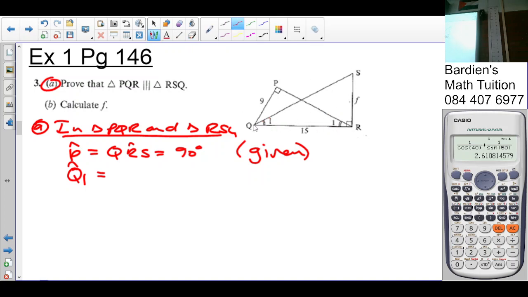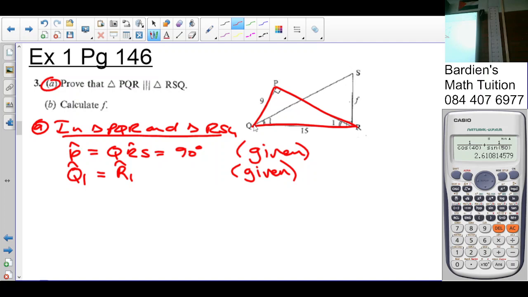So you say Q1 is equal to angle R1. Why? It was given. So which angle are we left with in the two triangles? In triangle PQR, we spoke about P, we spoke about R1. Can I just say Q?